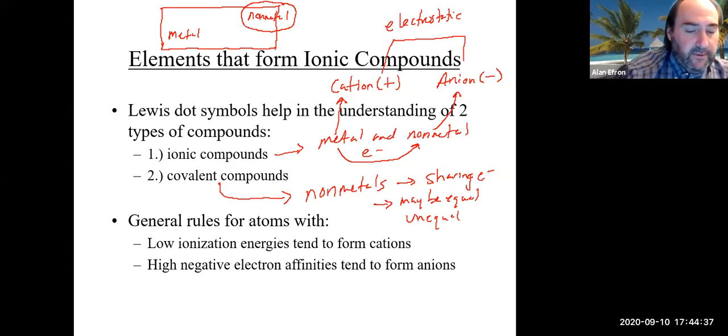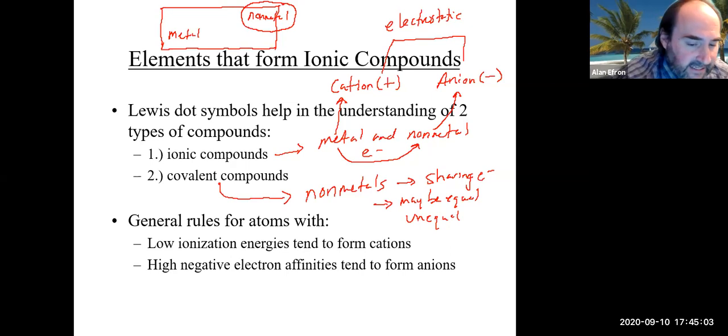So the general rule for ionic compounds is that things with very low ionization energies, which, if you remember from last lecture, is the energy required to remove an electron, tend to form cations. Low ionization energies are found on the periodic table to the left and down, since ionization energy decreases going left and down.